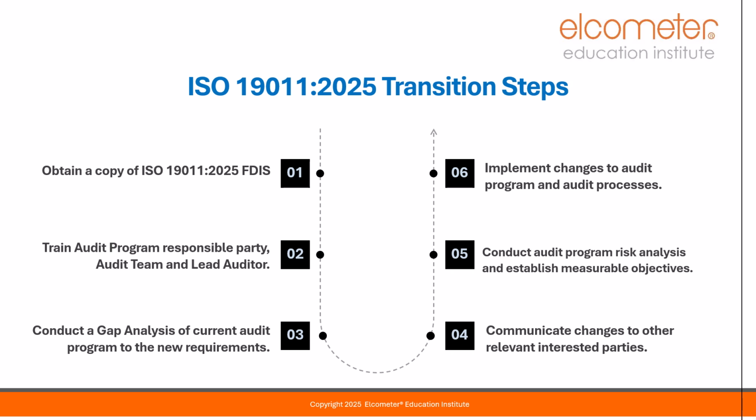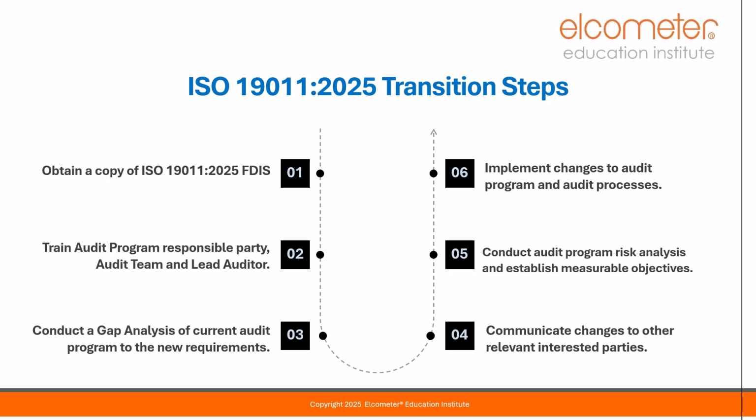So what are the next steps to prepare for the release of 19,011-2025 and transition your audit program? First of all, obtain a copy of the FDIS, the final draft, which is expected to be released at the end of 2025, September of 2025. Train your audit program responsible parties, your audit team, including your lead auditors.